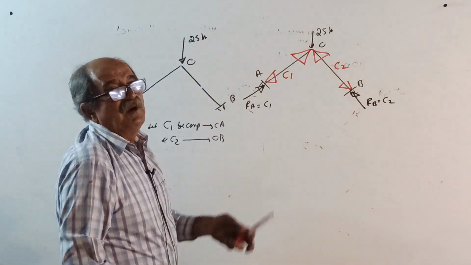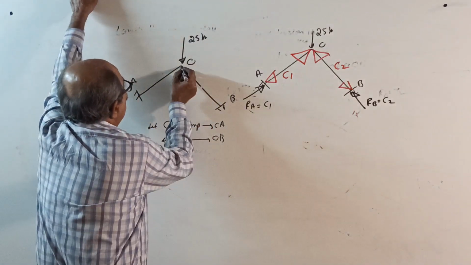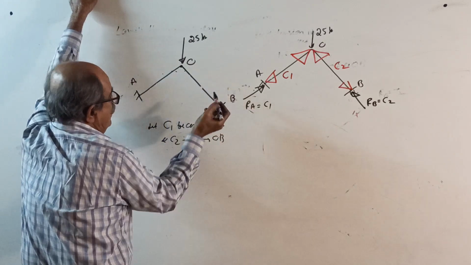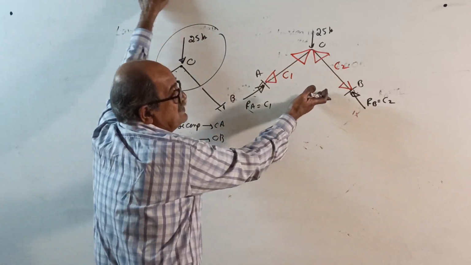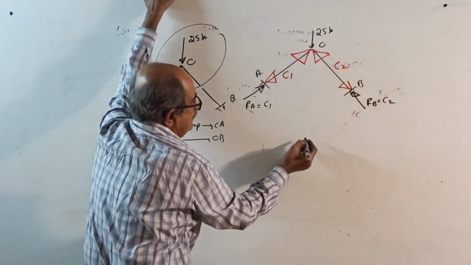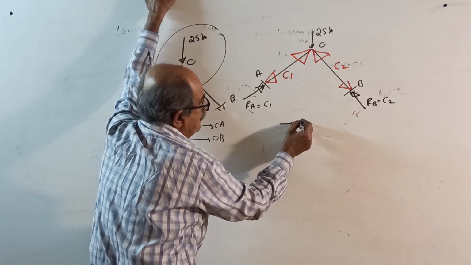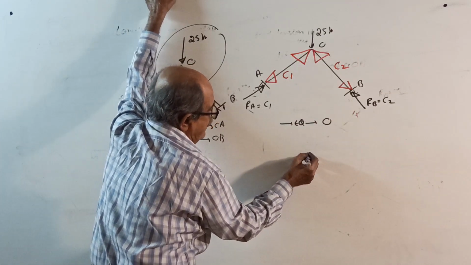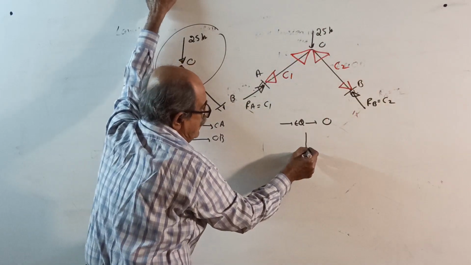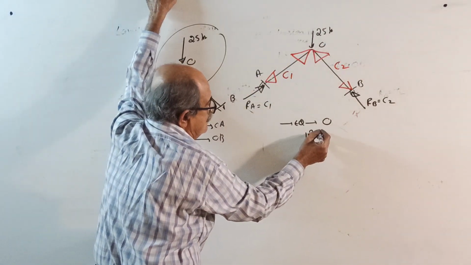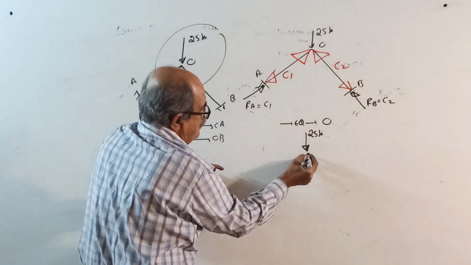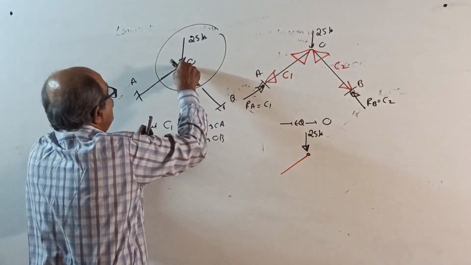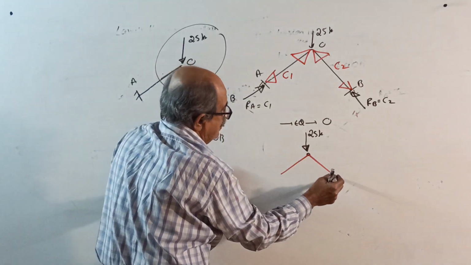But our purpose is to find forces in the two members. So only the joint is required. This much I will explain, but then I will say, consider equilibrium of joint O. Then see here, 25 kilonewton down. Now, one force in this rod, a force in this rod, a force in this rod.